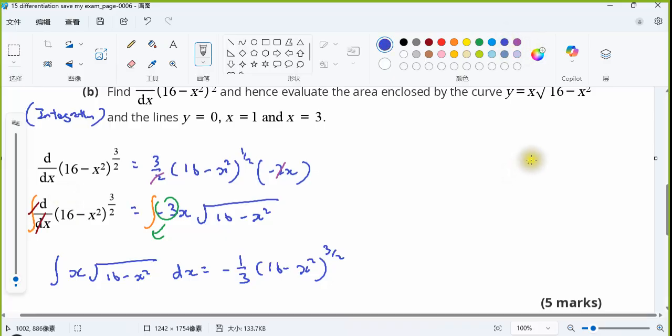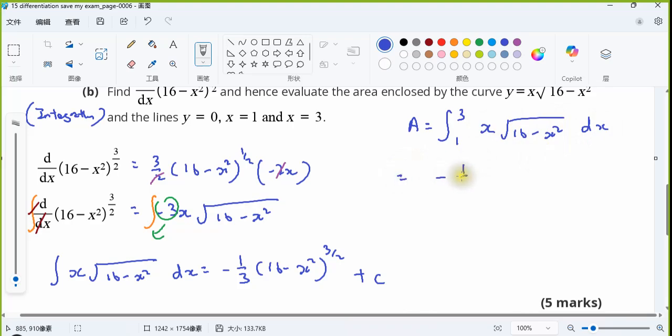So we have y equal to 0 and then x equal to 1, x equal to 3. So the area is the integration from 1 until 3. This one actually has plus c. Okay, x square root 16 minus x squared dx.